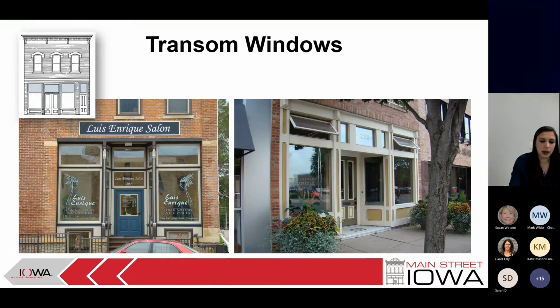So the photo on the left shows a double transom above the doors, and there are two transom windows here so that the frames over the display windows align all the way across horizontally and continue into that recessed door area. But transoms can also be operable, as you can see on the right, although this is not as common in Iowa. And again, if you have them, these are very special to retain.